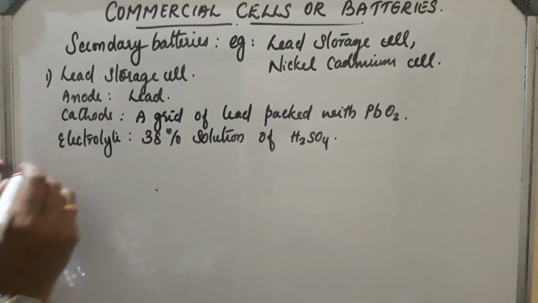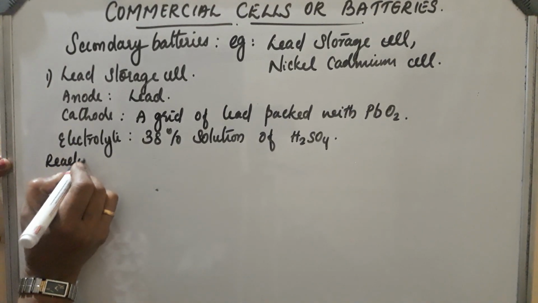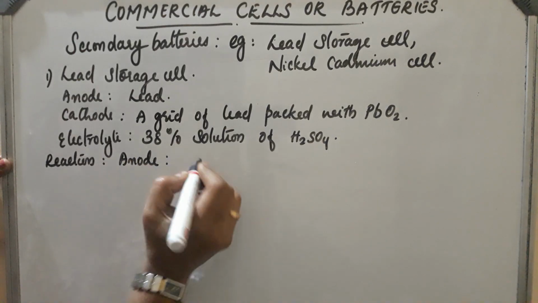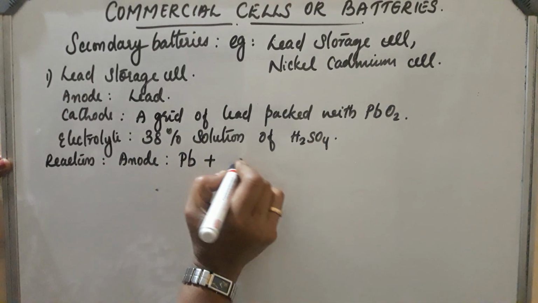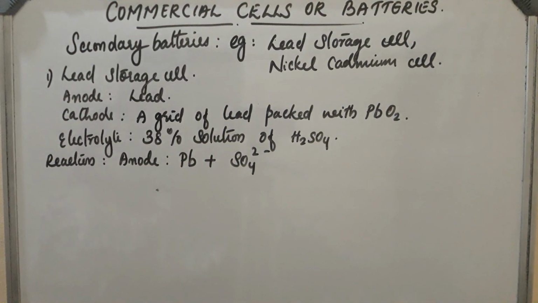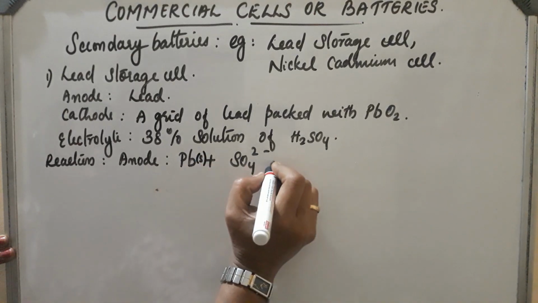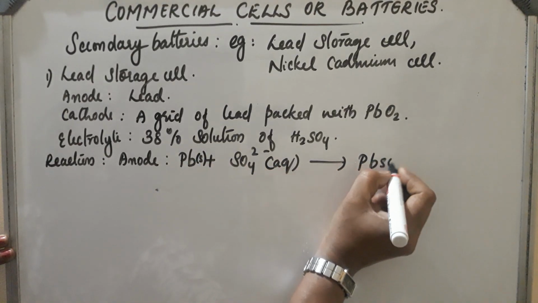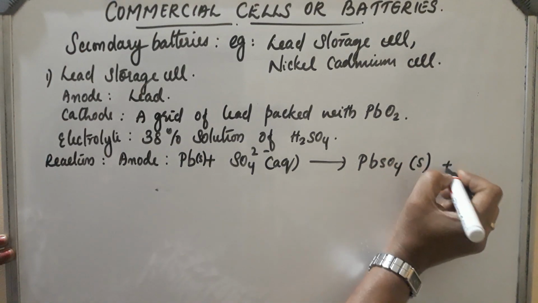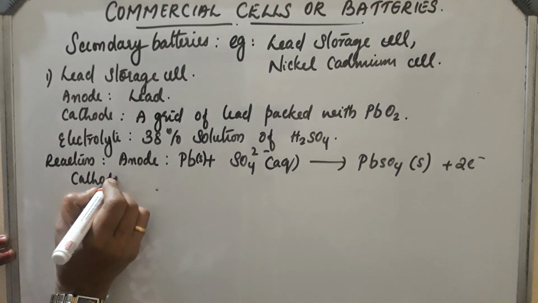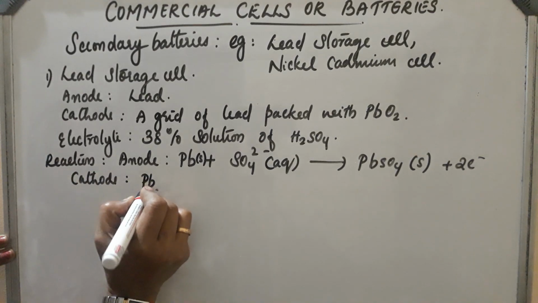Now, what will be the reaction at anode and cathode, and also the overall reaction? At the anode, what happens? It contains lead and also SO4 2 minus. Sulfuric acid gives H plus and SO4 2 minus. So lead gets converted into PbSO4, and 2 electrons are liberated. Now, what happens at the cathode? At the cathode, we know lead oxide is present.